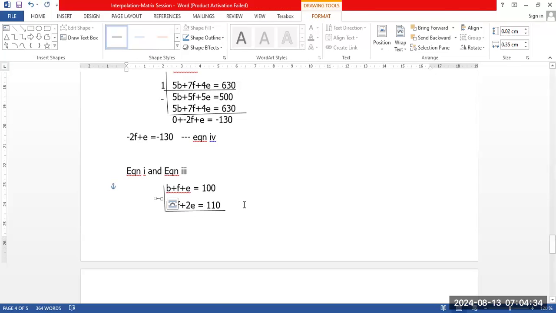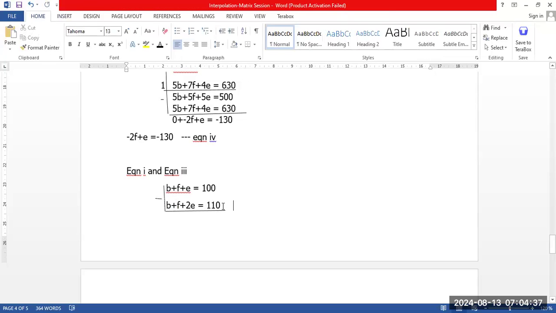Okay, if you subtract, what will you get? You have the same figure here, the same figure here, so we can easily eliminate B. Here things are becoming very easy.